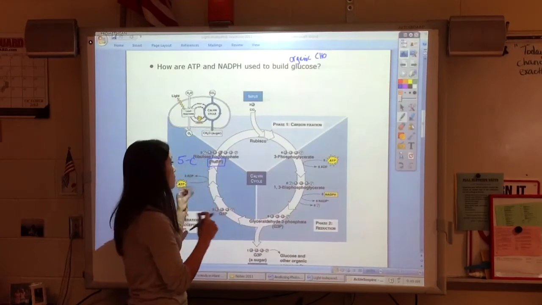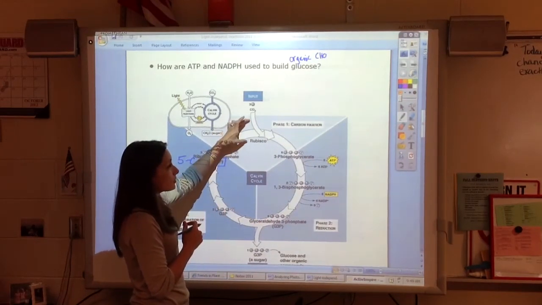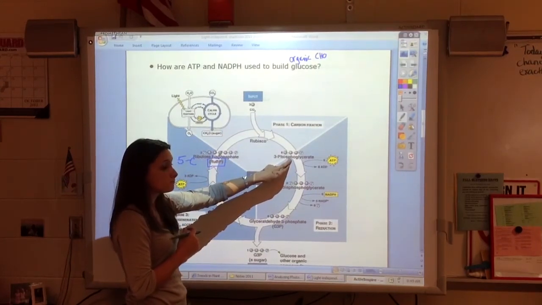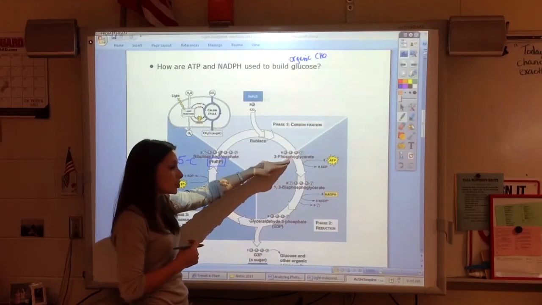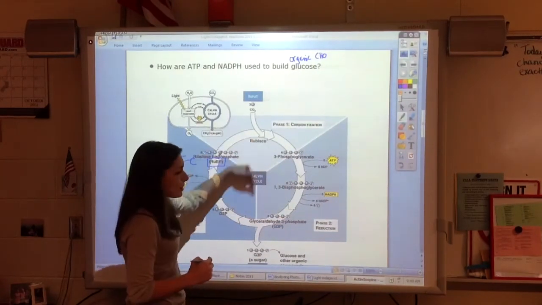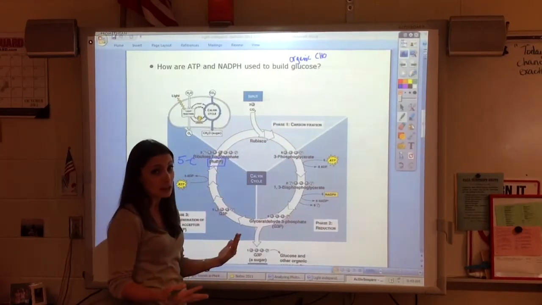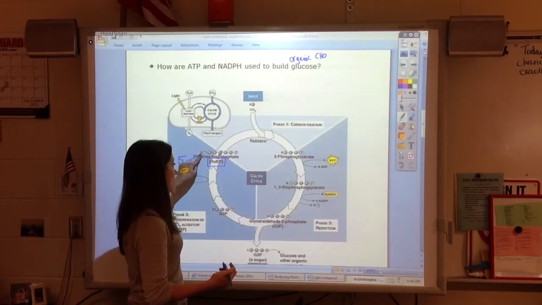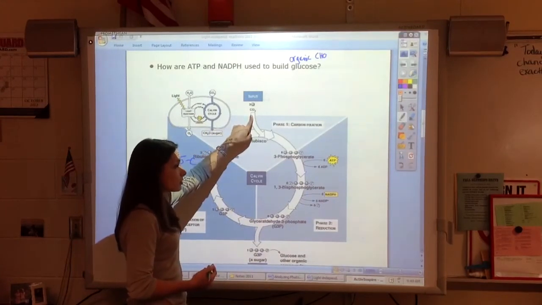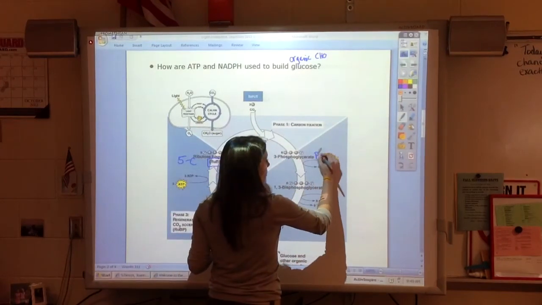So the smallest unit would be 1 ribulose bisphosphate, 1 CO2, 2 of this, which is PGA, which we don't need to know. But what actually happens is that this has to happen 3 times simultaneously. And so we actually need 3 ribulose bisphosphates, 3 CO2s, and we get 6 of this PGA.